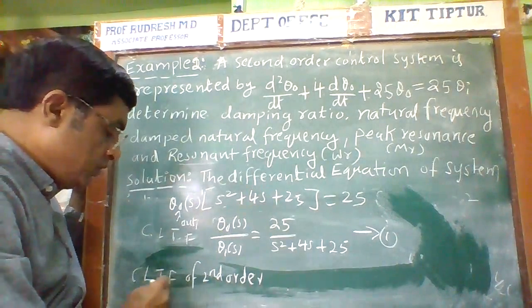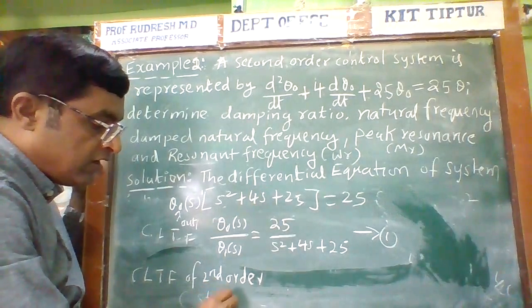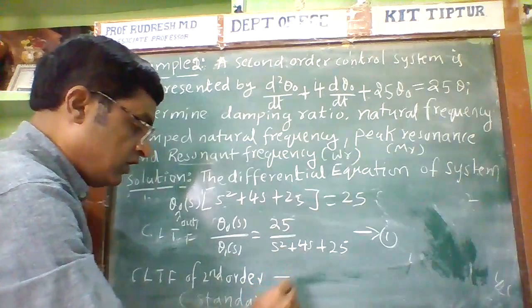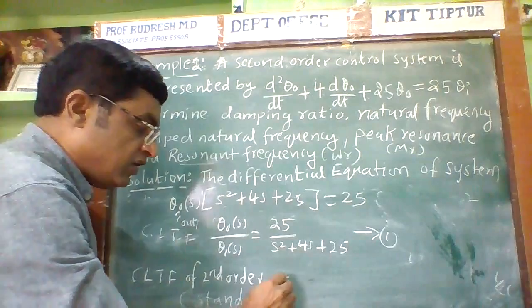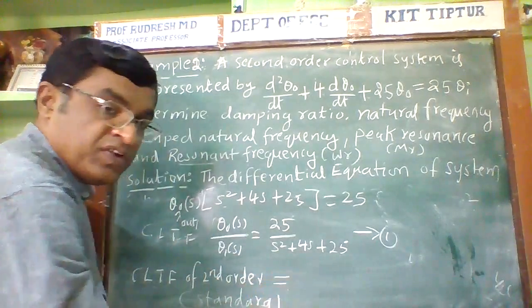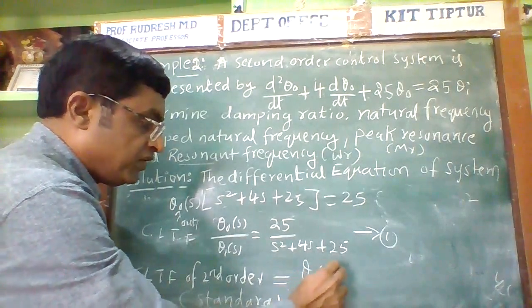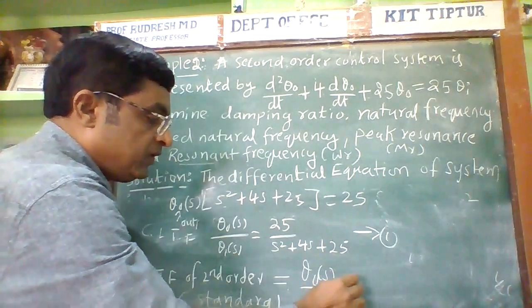You should remember this also. What is the standard closed loop transfer function of a second order system? It is given by C(s) divided by R(s). Here theta o(s) divided by theta i(s) is on the left hand side of the standard equation.